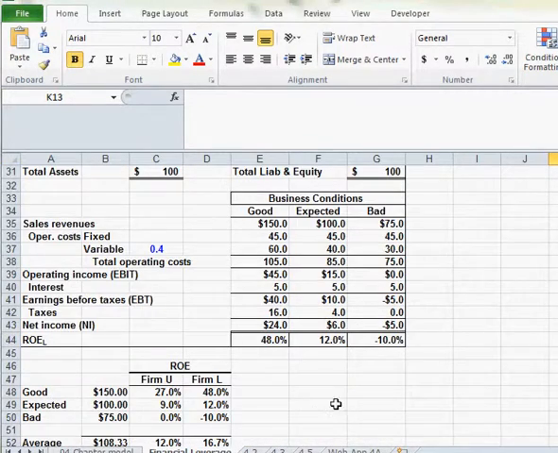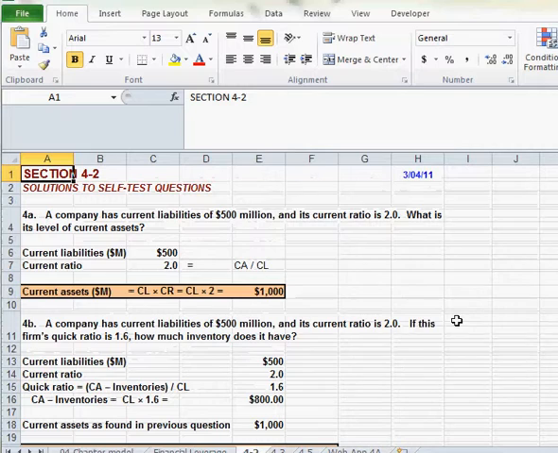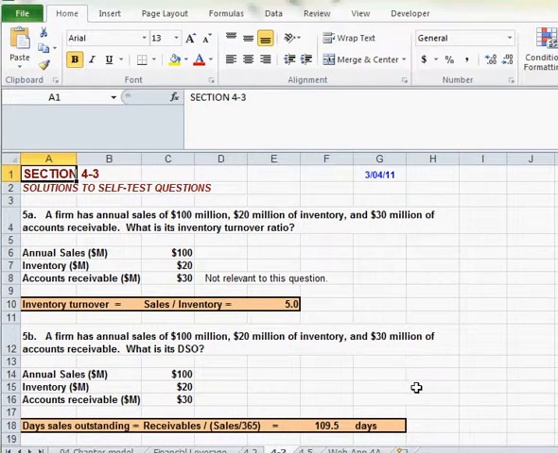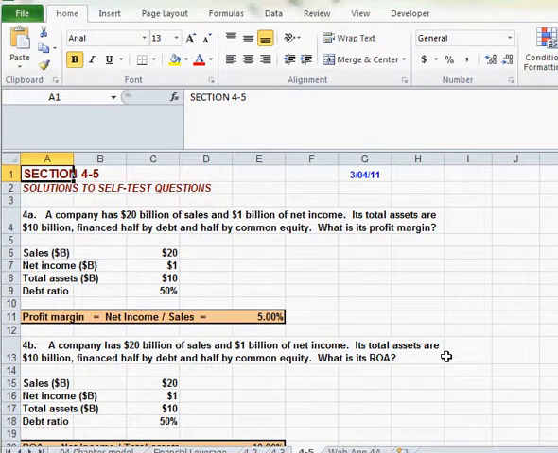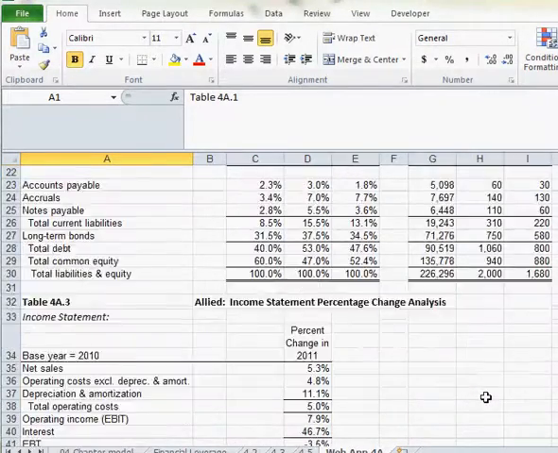And then you'll also see the answers to your self-test questions. If you want to check yourself in the back of the chapter, 4.2, 4.3, 4.5, and also from the appendix, you'll be able to check numbers that you might want to work out yourself.